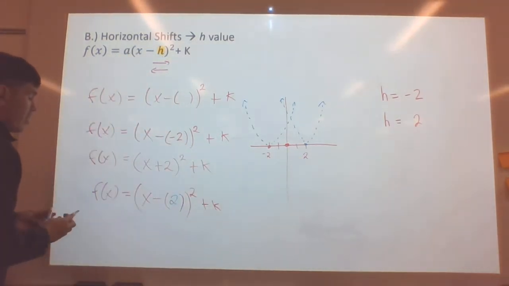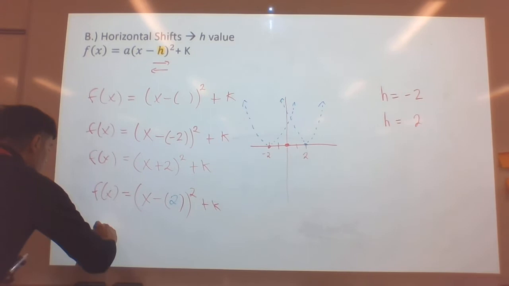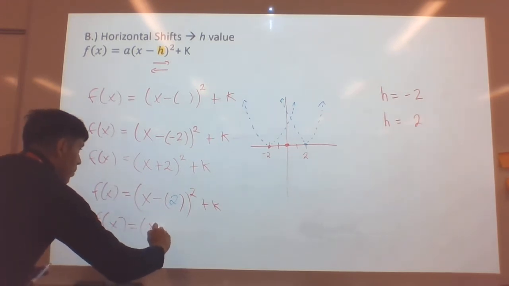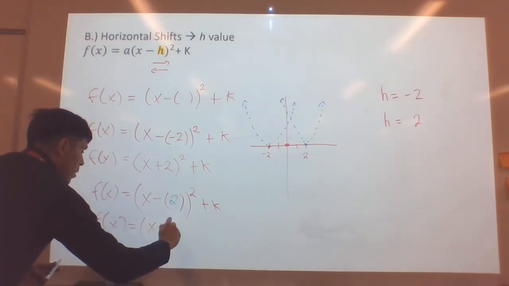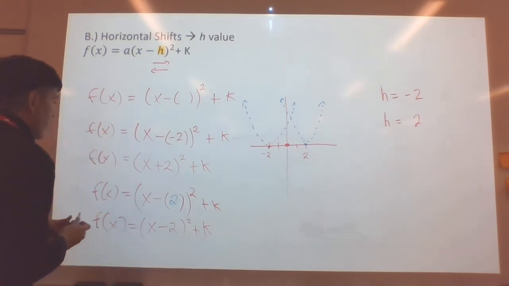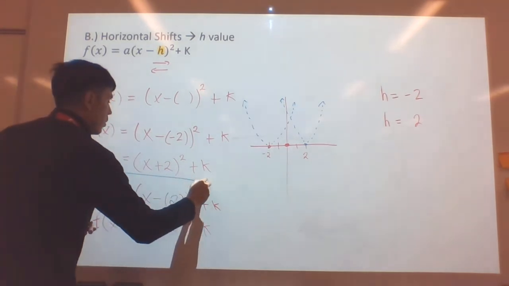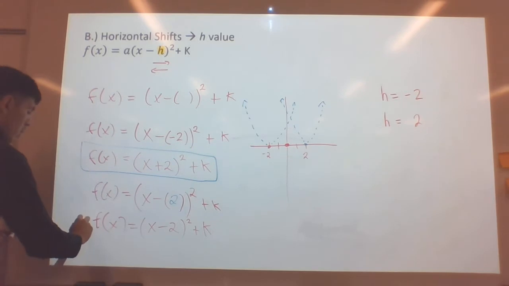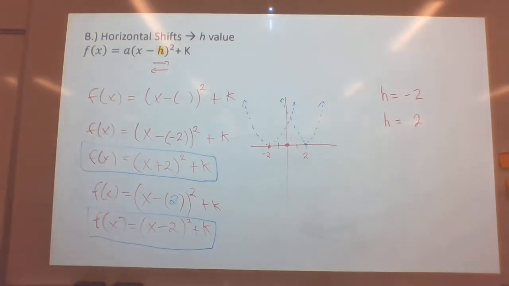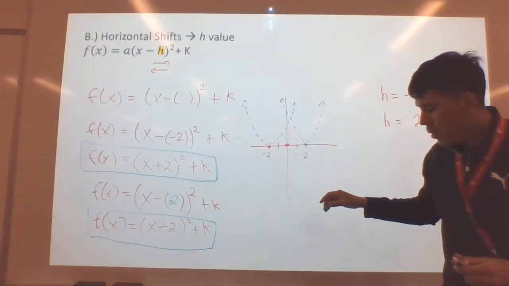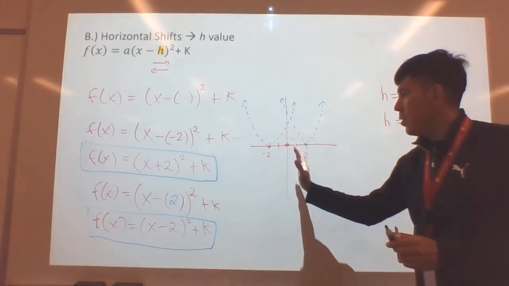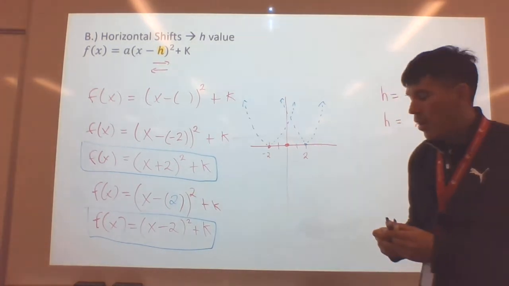So I guess the idea here is when you have the symbol on the inside, again this is going to be minus 2. I boxed those two up because when it's positive, you go to the opposite side of the origin.